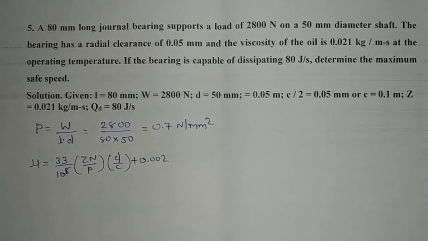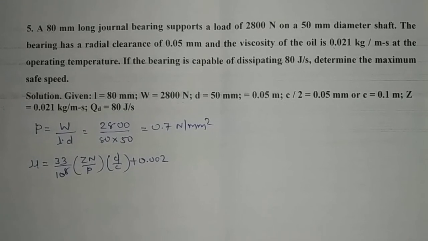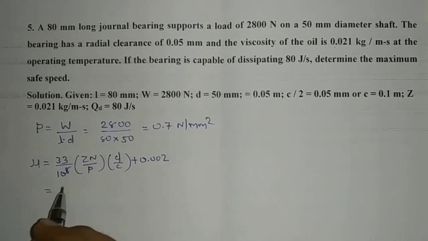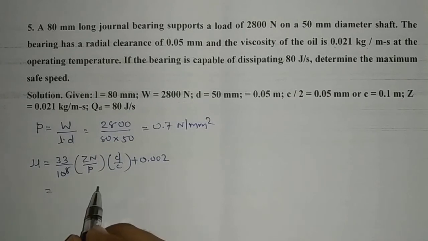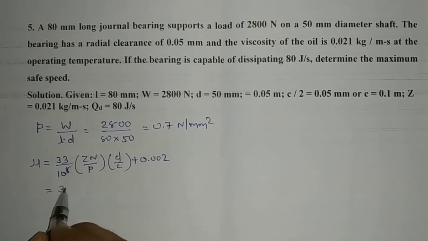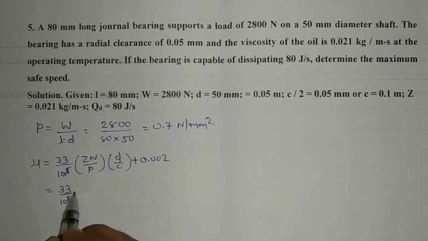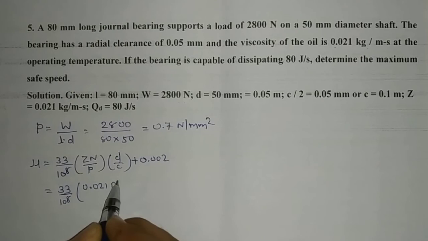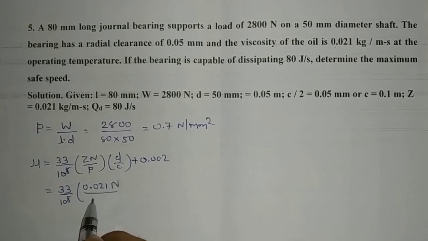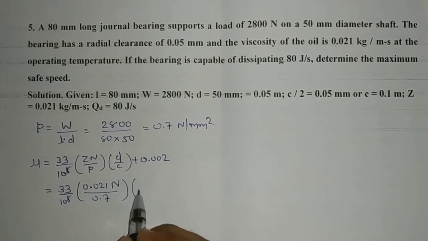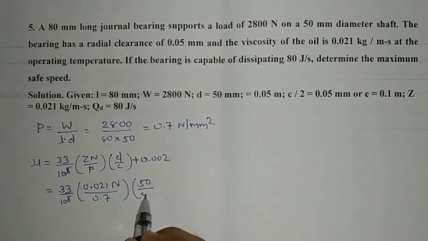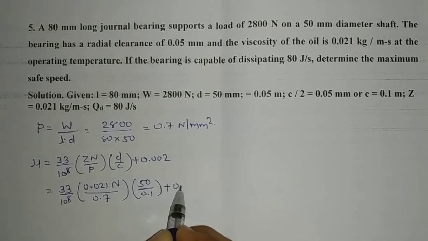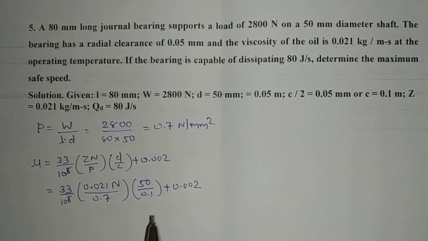So you can find the value of mu in terms of N. Put the values: 33 upon 10 raised to 8, Z is equal to 0.021 into N, pressure is equal to 0.7, D is equal to 50 and C is equal to 0.1, plus 0.002.